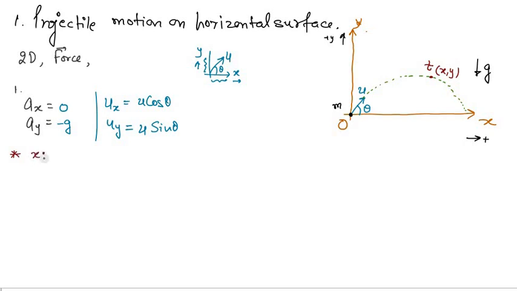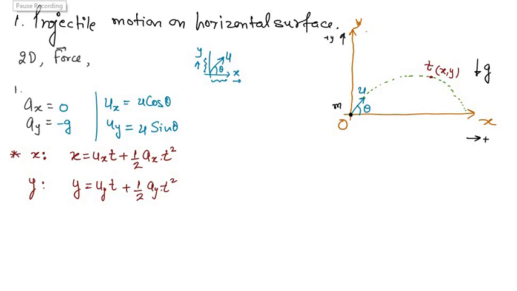Your x equation will be x is equal to uxt plus half ax into t square. This is the x directional second equation of motion, that is s is equal to ut plus half at square. And the y equation will simply be y is equal to uyt plus half ay into t square.